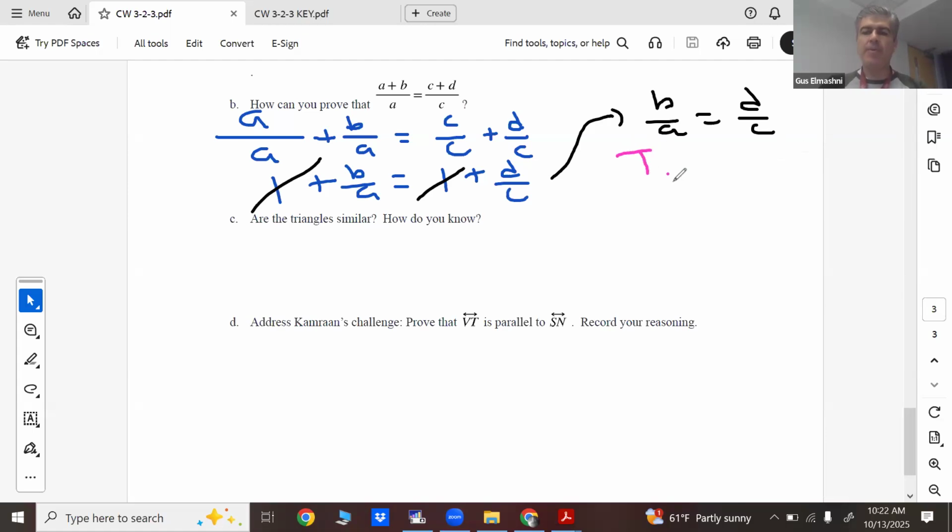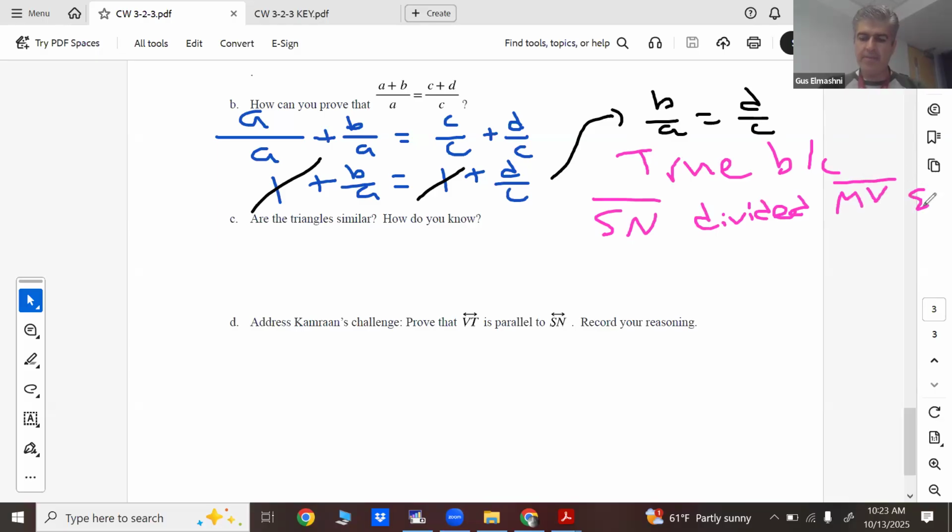This is true because SN divided MV and MT in a proportional manner.